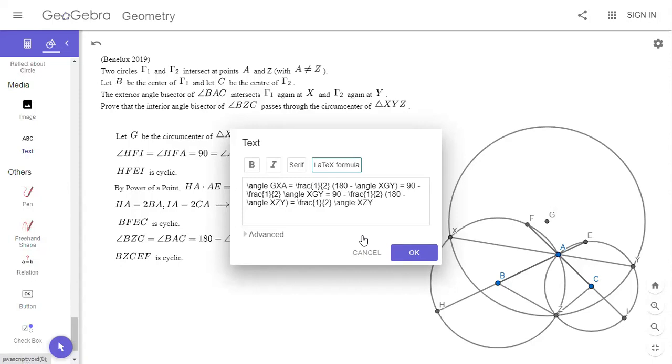And XZY is XZ. Wait, I think I messed up somewhere. So wait. So GXA, that's half of 180 minus XGY, which is 90 minus half of XGY, which is, oh, this is just 90 minus 180 minus XCY.